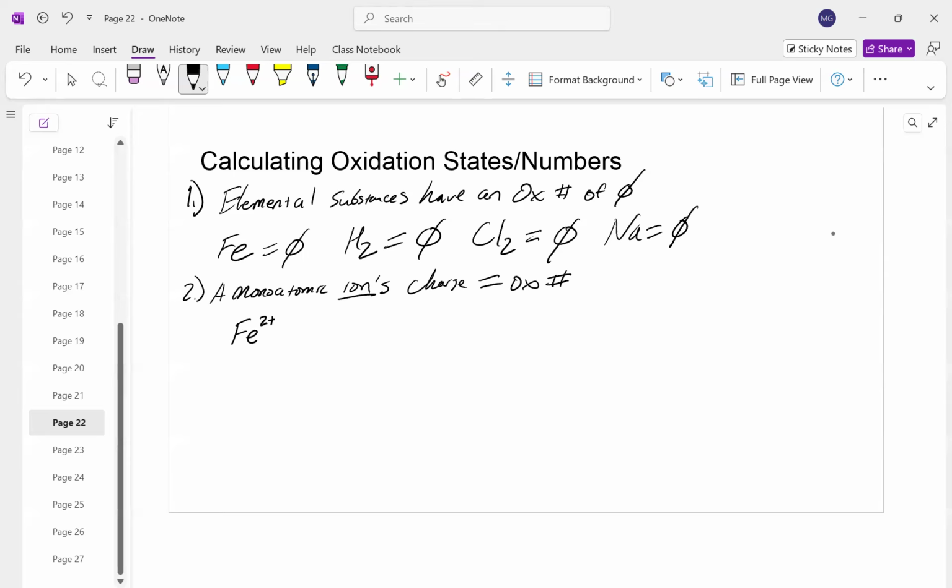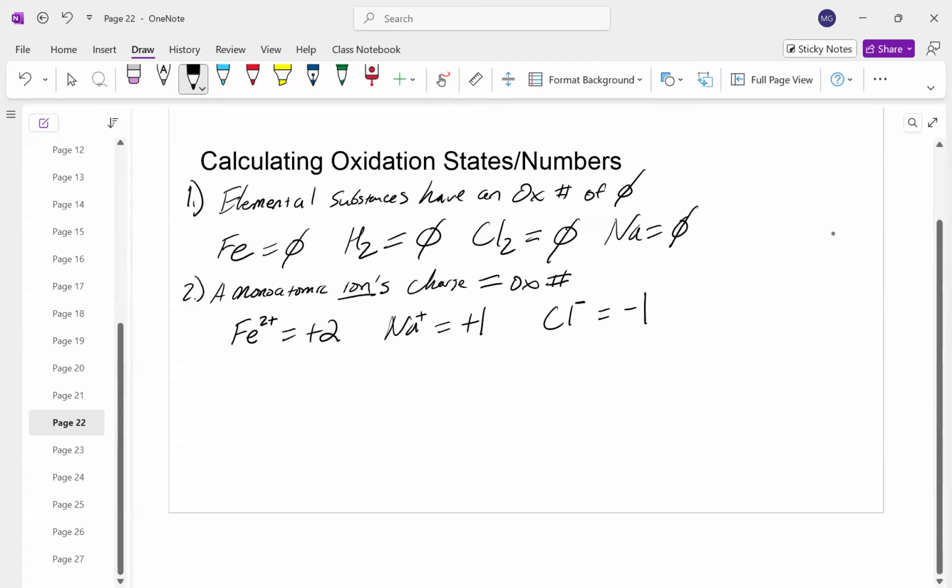Its oxidation number is +2. The sodium cation is +1. Its oxidation state is always +1. Or chloride. Chloride is always -1, always has a -1 charge, so its oxidation state is -1.